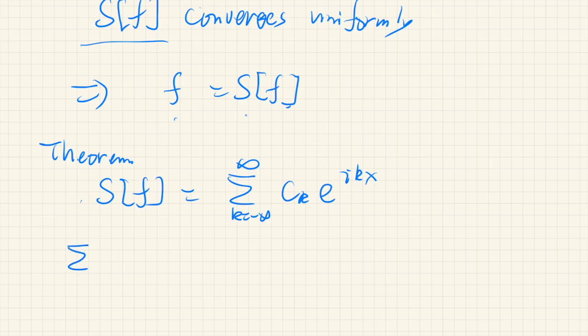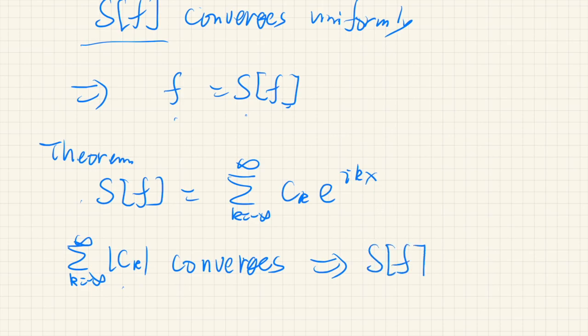So if this sum of ck converges, so this means the coefficients converge absolutely, then this Fourier series converges uniformly. And this is also just like the one we have proved for the real Fourier series.